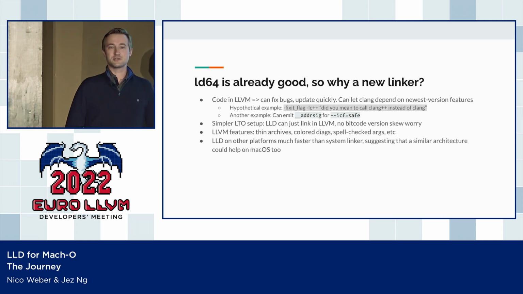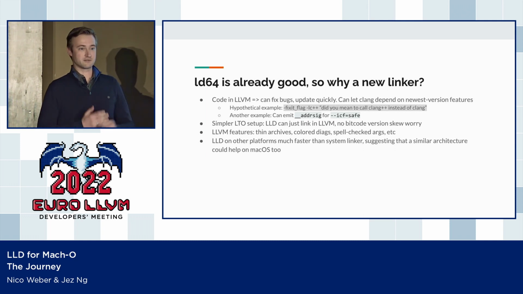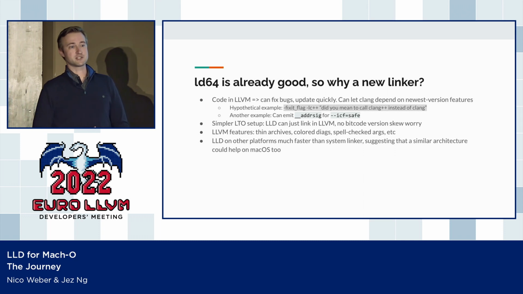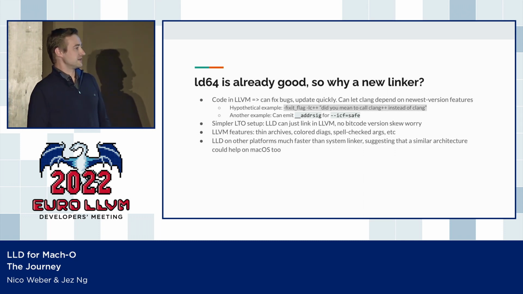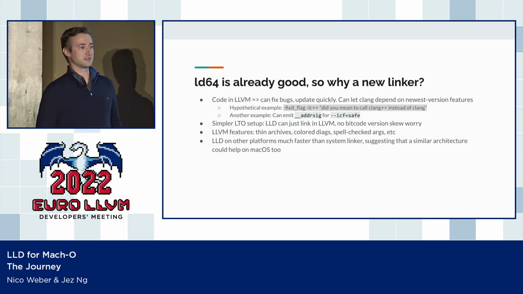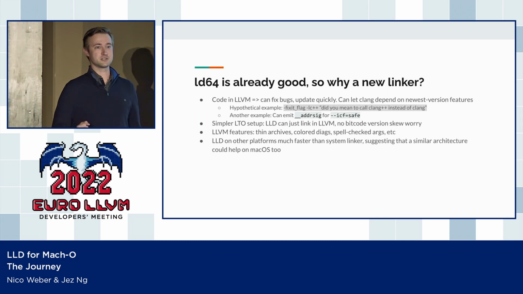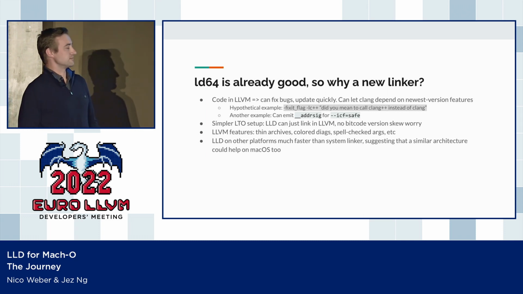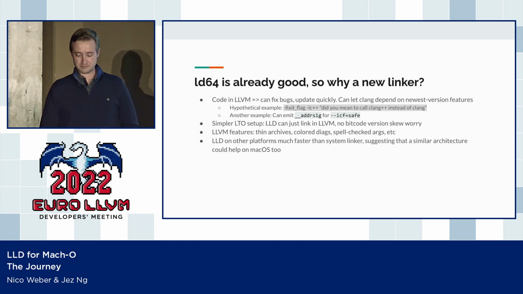One thing we wanted to do is use response files, which is basically a file that stores all the command line flags that you pass to the linker. And LD64 added that in, I think, Xcode 12. But if you actually used it, it crashed. And then we had to report this, wait a year for this to be released in Xcode, and it was kind of frustrating. If it was just part of LLVM, we could have done that in a week.